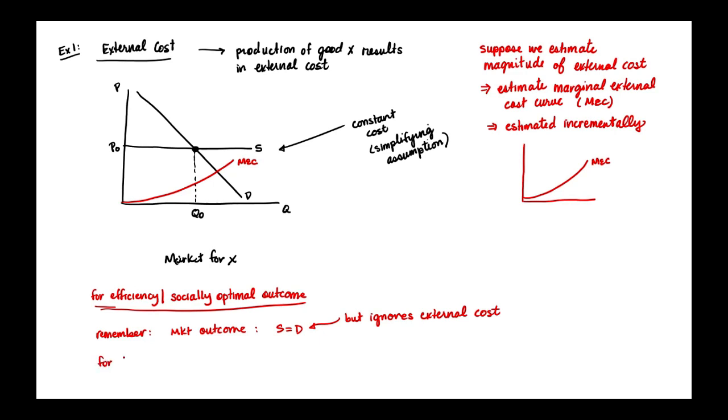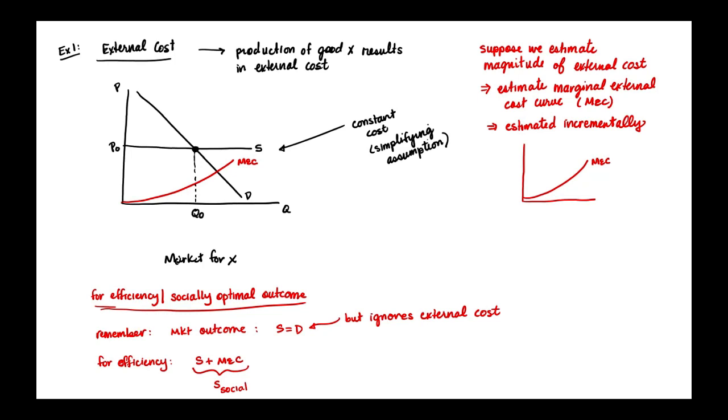We know that supply equals demand, being the market equilibrium outcome, doesn't incorporate that. So for efficiency, we need to think about what? We've got a supply curve, and we want to add to it what? We want to add to it the marginal external cost, hence giving us a social supply curve.